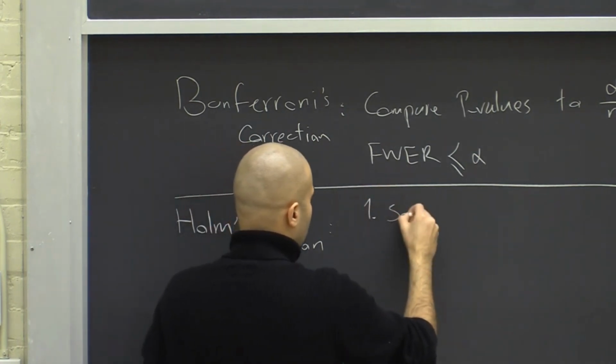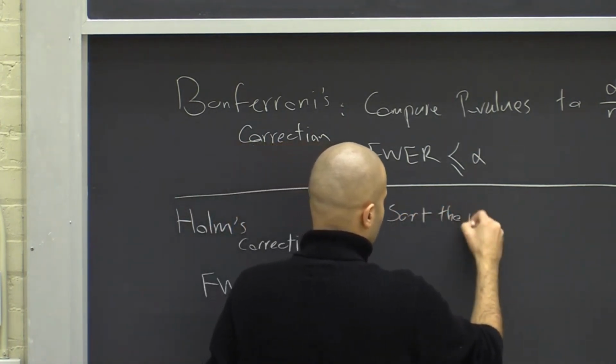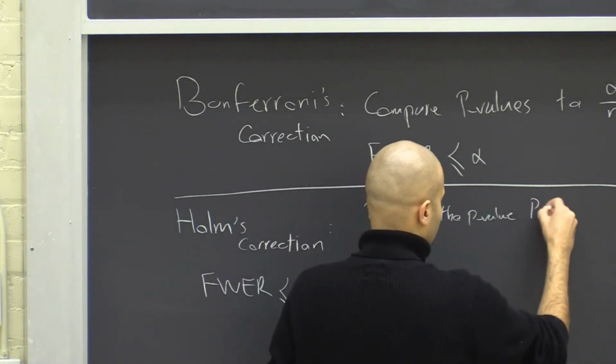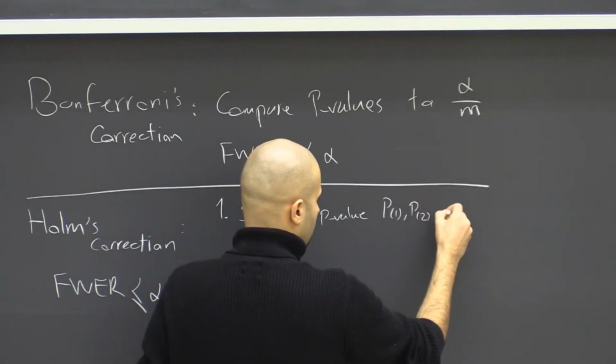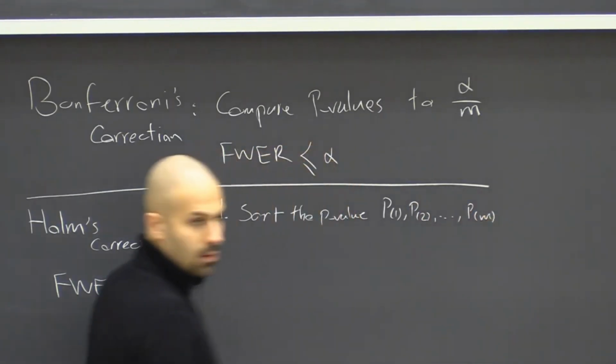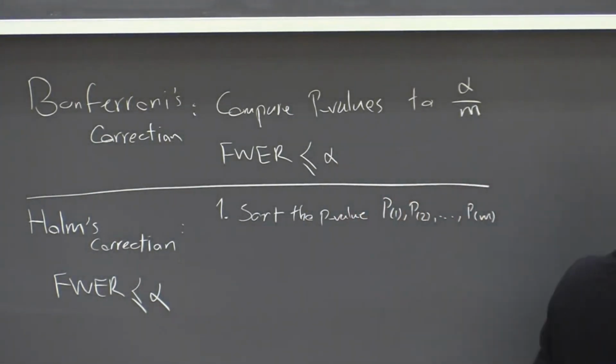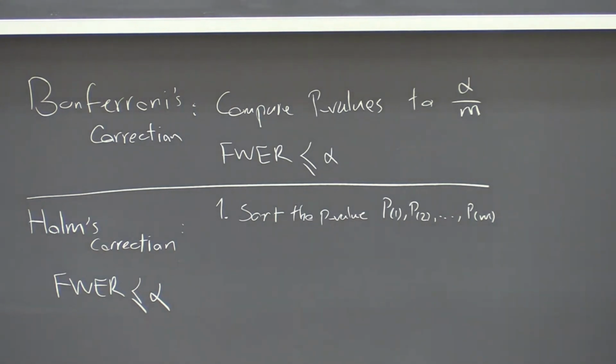So first, we need to sort the p-values in increasing order. So we call them p1, p2, all the way to pm. In our example, as it is in increasing order, this is p1, this is p2, then this is p3, this is p4, and this is p5.